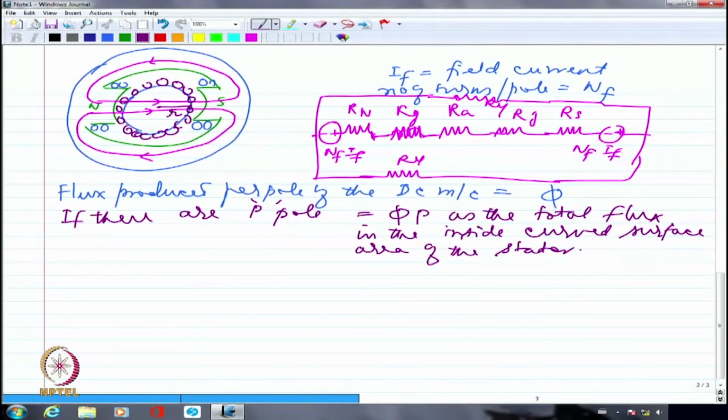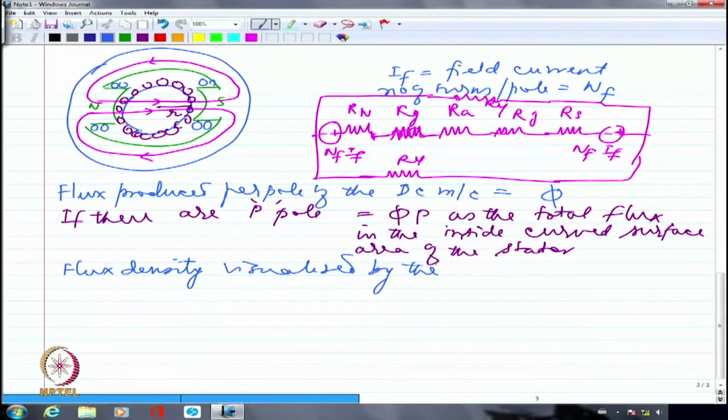So the flux density visualized by the armature conductors is equal to phi p divided by 2 pi RL.